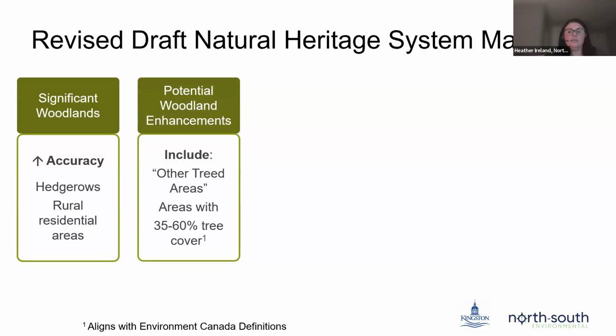As mentioned earlier, the potential woodland enhancement areas continue to be mapped, but these have evolved from the former other treed areas, which was a component in the initial draft mapping. The mapping was revised to exclude 25 to 34% of the tree cover to be consistent with the definition of forest in Environment Canada's How Much Habitat is Enough, which allows for consistent monitoring of targets.